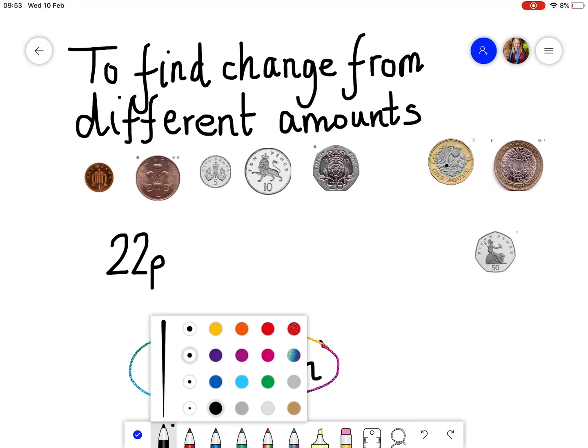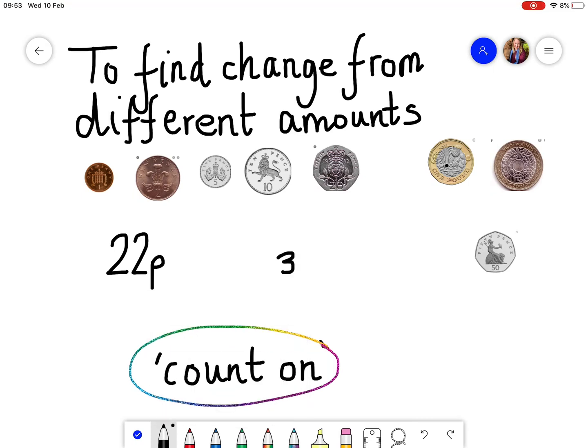Now we know the next 10 after 22 would be 30. So we could do 22, 23, 24, 25, 26, 27, 28, 29, 30. We did 8 jumps to get to 30p, 8p. And then from 30 to 50, we could jump in tens.